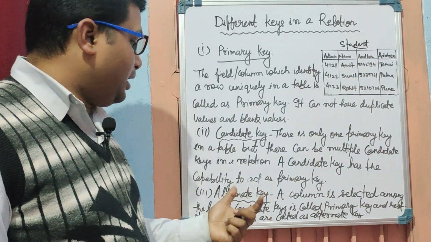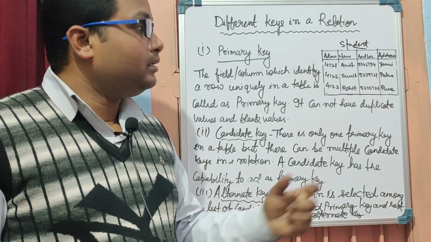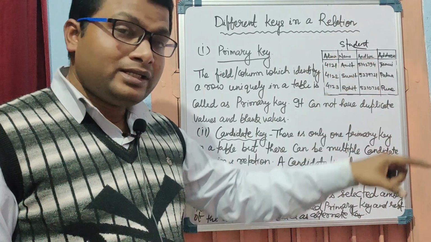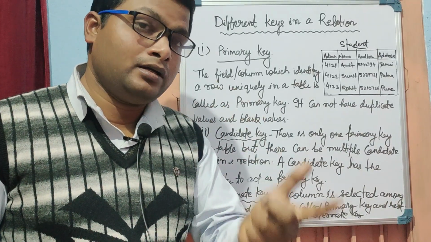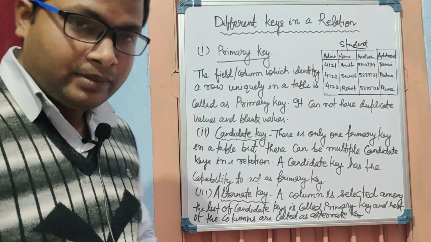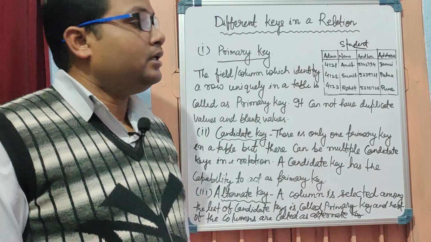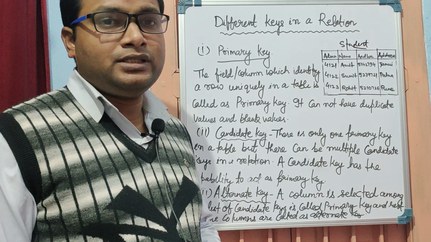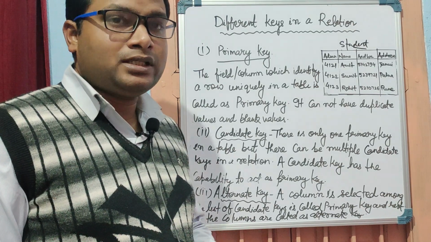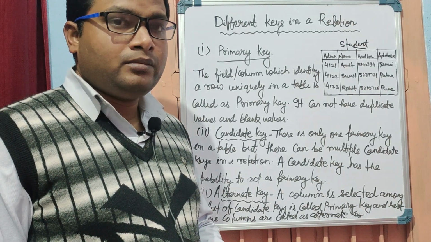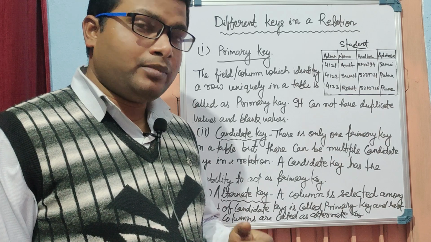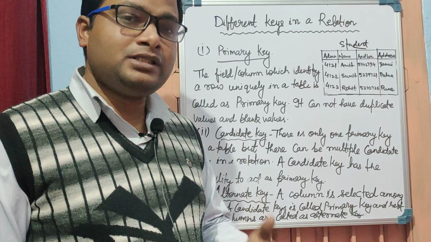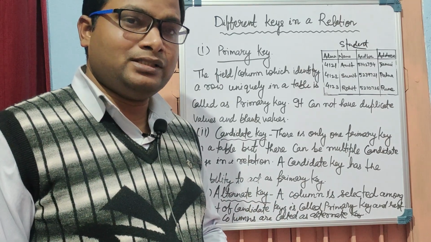Okay, and alternate key, except the column which is chosen as primary key, all the candidate keys are alternate keys. Okay, so this one is a simple definition of the keys which are used in a relation. Some other keys such as foreign keys are also there, but we are going to study about foreign key in the upcoming chapters when we study about referential integrity.